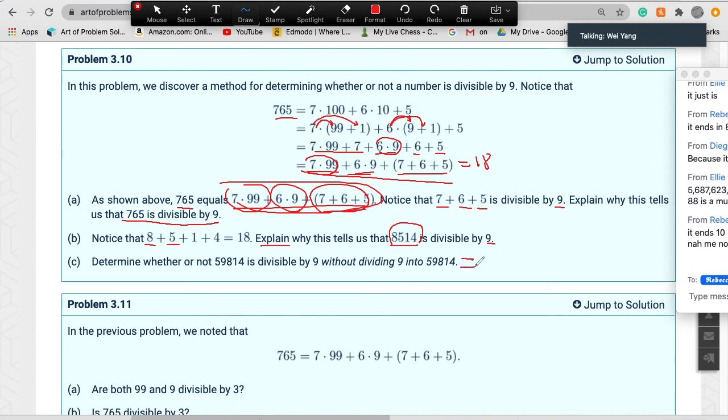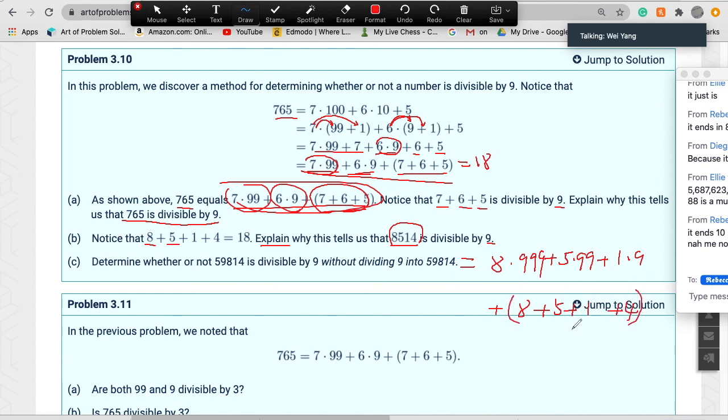Write this one as 8 times 999 plus 8, then plus 5 times 99 plus 5, then plus 1 times 9 plus 1, and then what is left will be 8 plus 5 plus 1 plus 4.